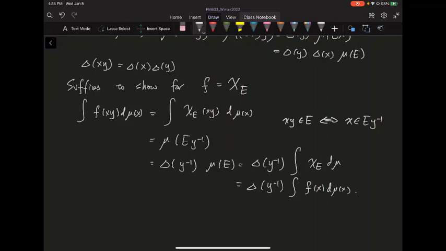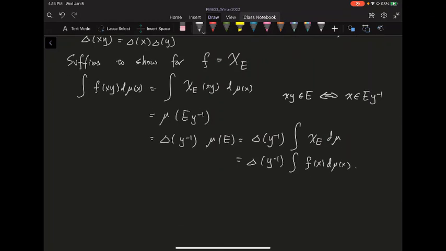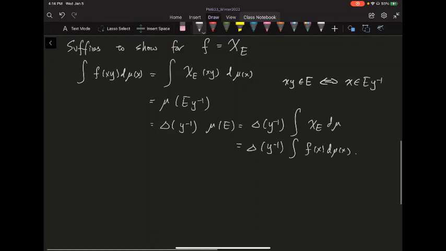All right, and now we have this formula, so we have a pretty good idea of what this delta y is. As you can see, if you fix some f, say a compactly supported function that is non-negative, then on this side the integral of f d mu is going to be non-zero. It doesn't depend on y, so it's really just a function of you integrating this one particular function where you translate by y on the right. And we know the translation map is a continuous map, it's uniformly continuous.